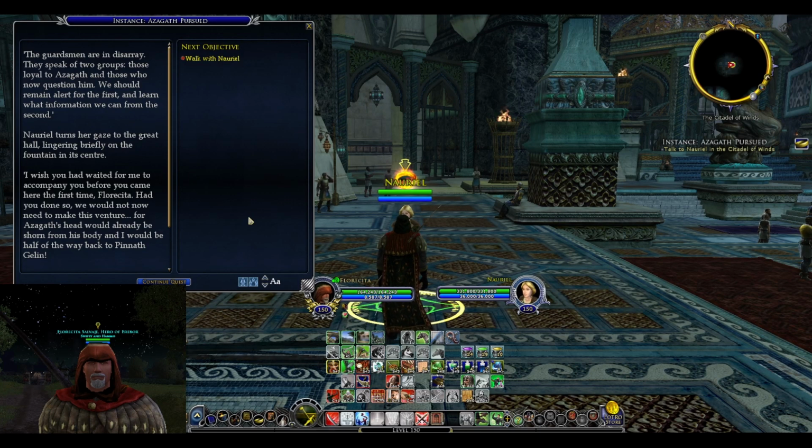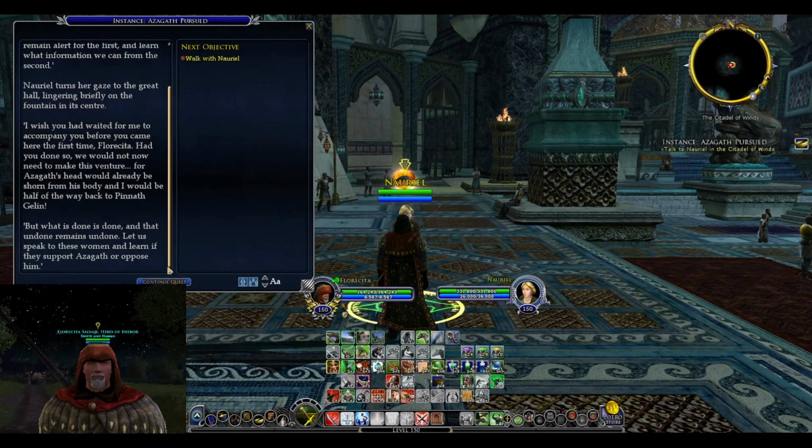Had you done so, we would not now need to make this venture, for Azagath's head would already be shorn from his body, and I would be half on the way back to Penetgalen. But what is done remains done. Let us speak to these women and learn if they support Azagath or oppose him.